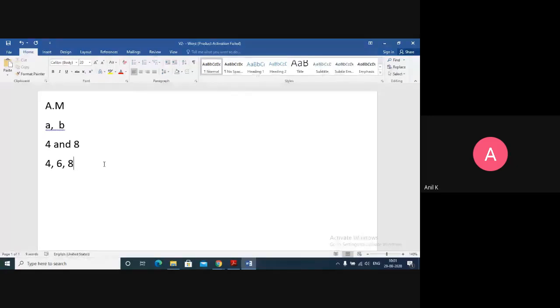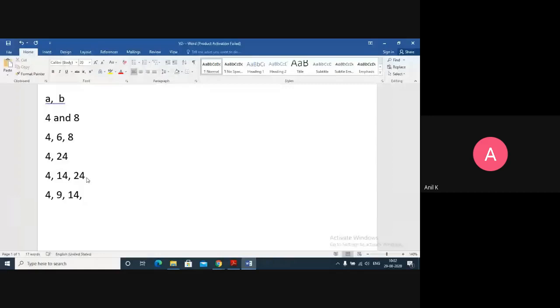Or if I take another example, 4, 14, 24. So 14 lies exactly between 4 and 24, so it forms an AP. 14 minus 4 is 10.